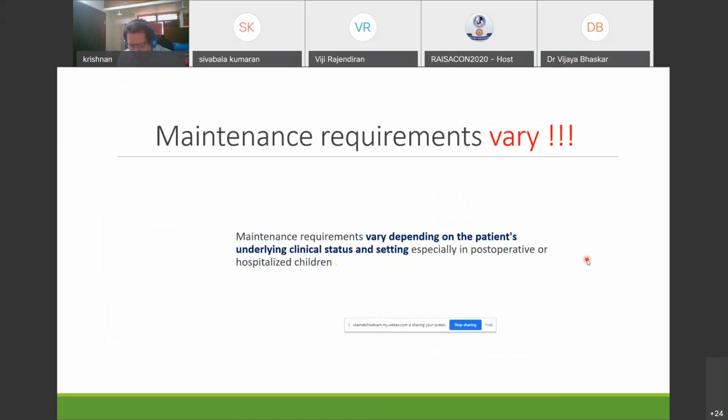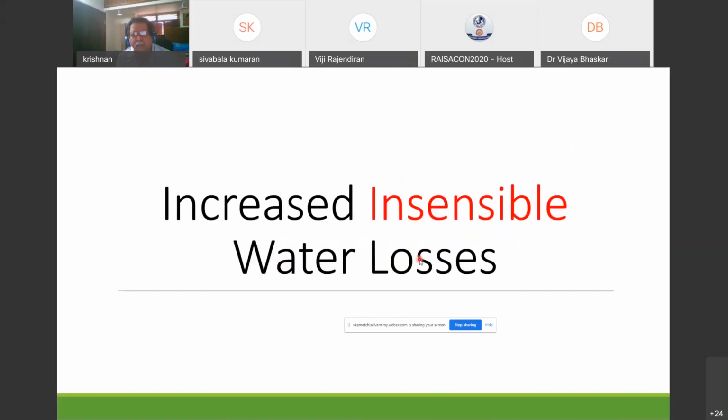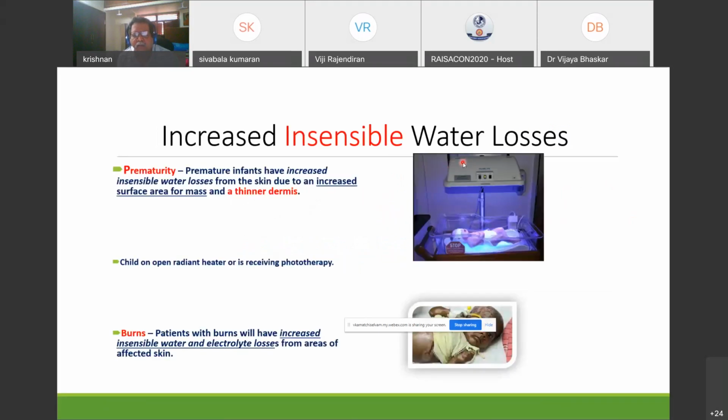So when we say the 4-2-1 formula, it is not the same for all patients. The maintenance requirements will vary. It depends upon the clinical status and the setting in which the patient is, either in the theater or in the preoperative or in the postoperative rooms. There can be increased insensible water loss. Insensible is what you cannot measure and what you cannot perceive. What are the conditions normally seen?